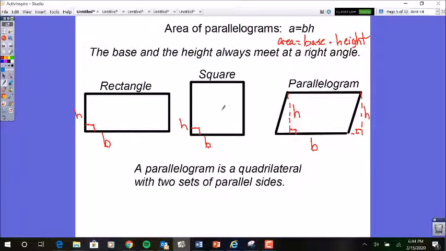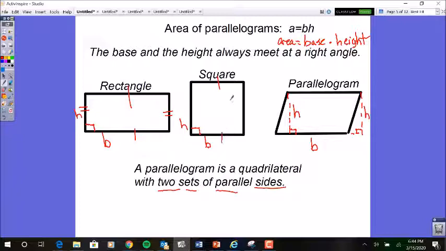Now all three of these are parallelograms because they are quadrilaterals, which are four-sided figures with two sets of parallel sides. So when I say two sets of parallel sides, for instance, the top and the bottom is one set of parallel sides, and the left and the right is the second set of parallel sides. Same thing with this square here.